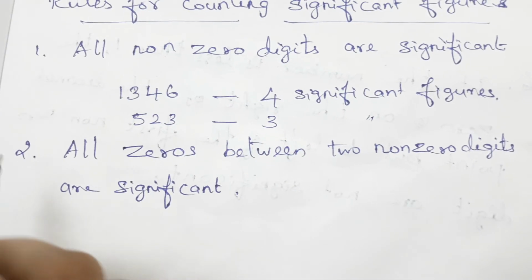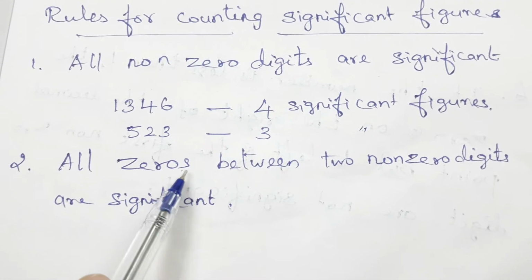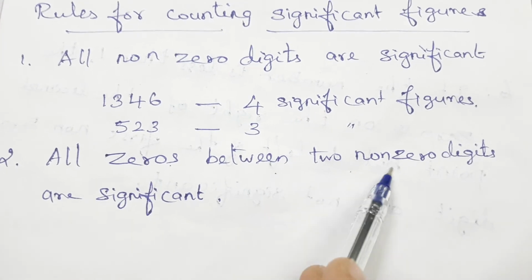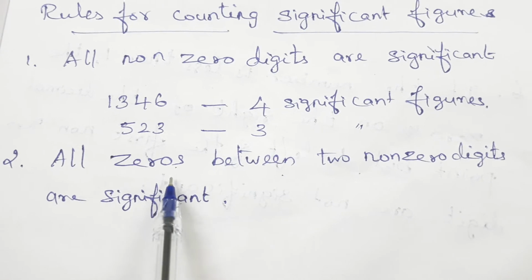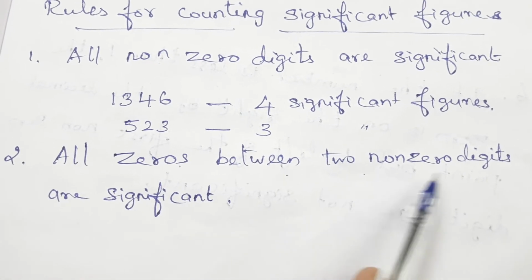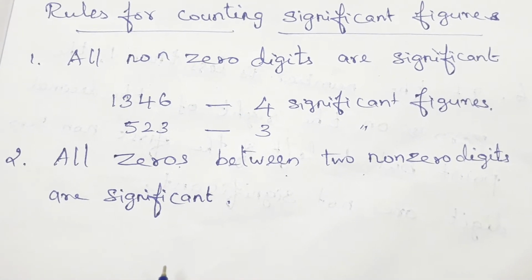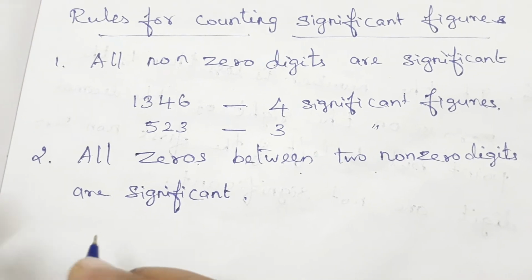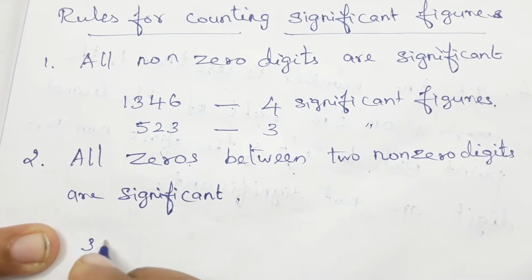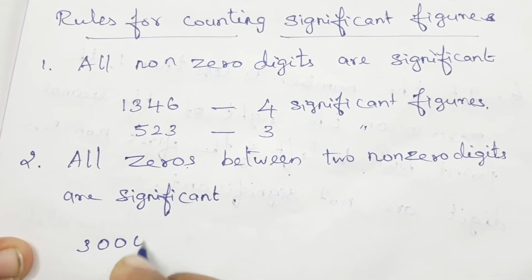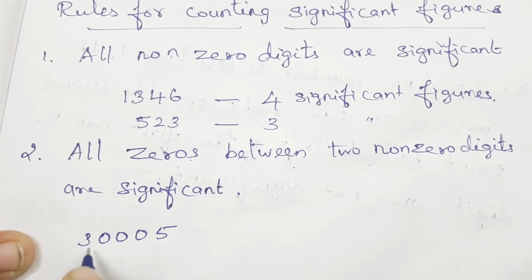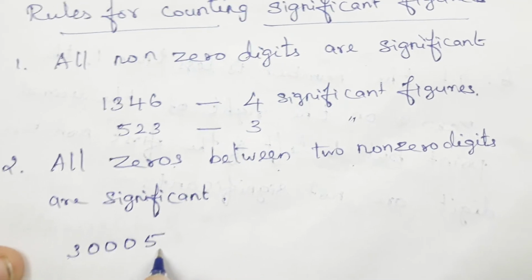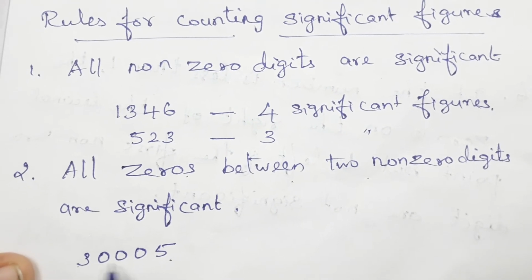Second rule: all zeros between two non-zero digits are significant. For example, 30005. In this number, 3 and 5 are non-zero digits. In between, 3 zeros are there.